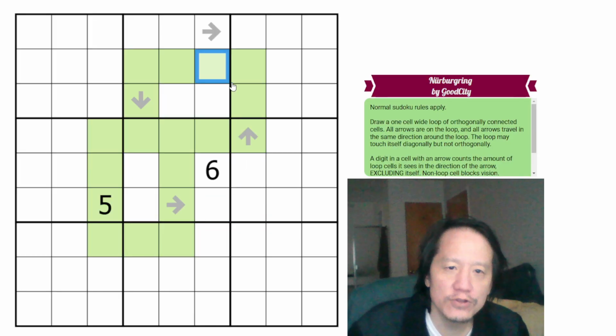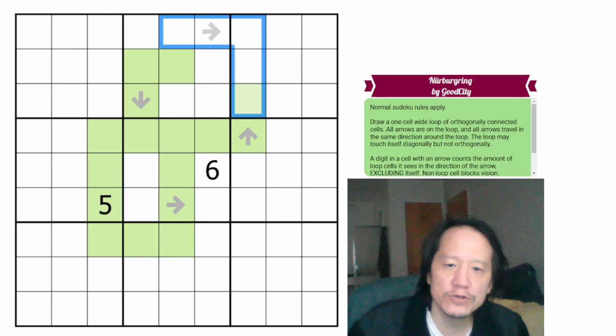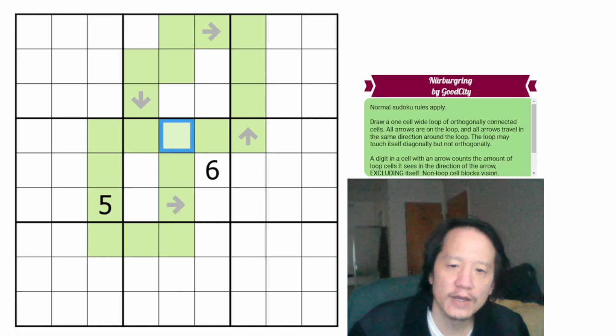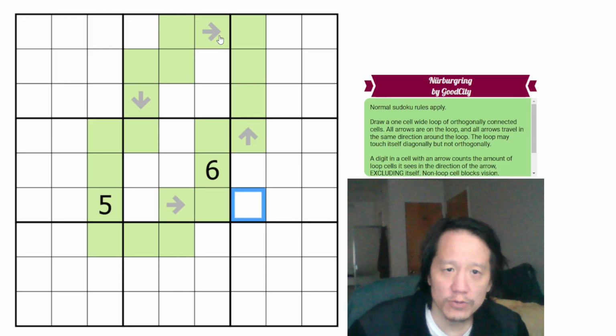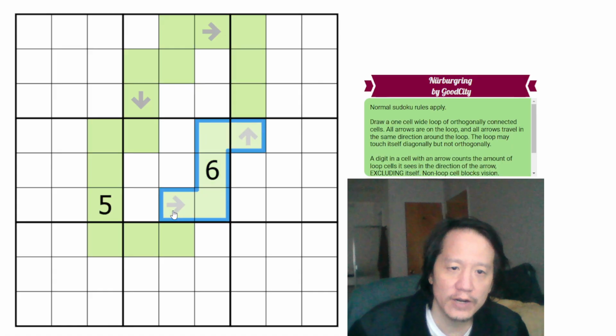So, right, let's try to include this. Say we included this in the loop, and we didn't have this one. This would not be a valid loop because this is going in the opposite direction as all the other arrows, right?